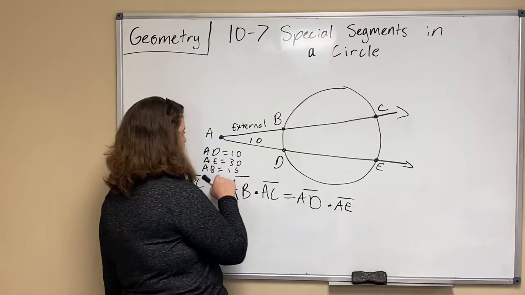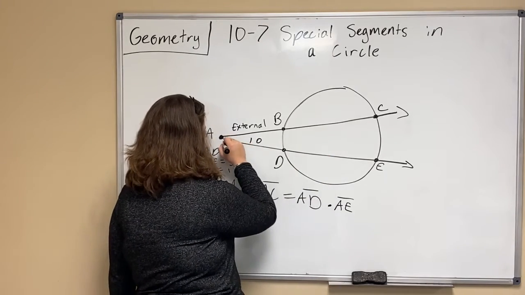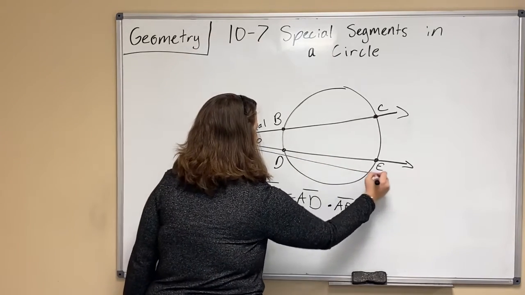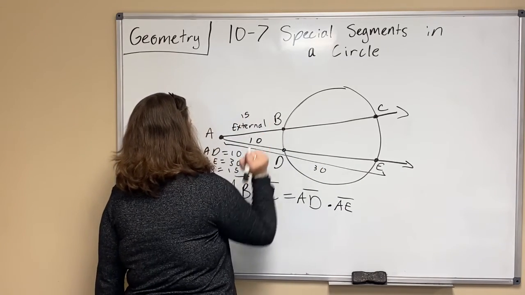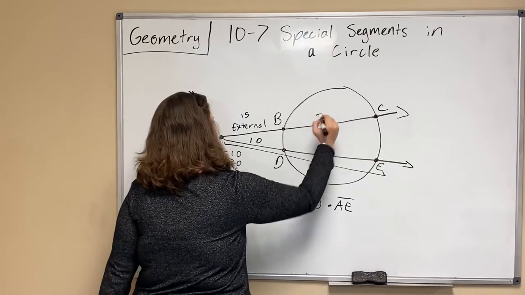Let me go ahead and label it: 10, the whole thing is 30, AB is 15, and I'm asking you for this one.